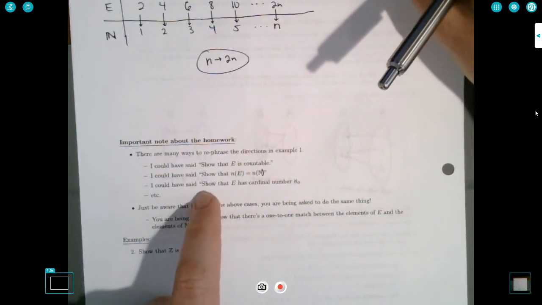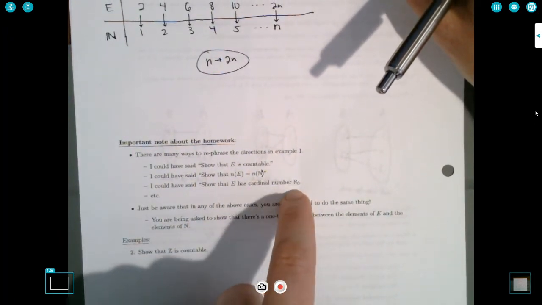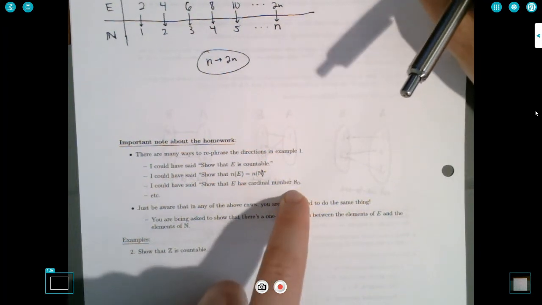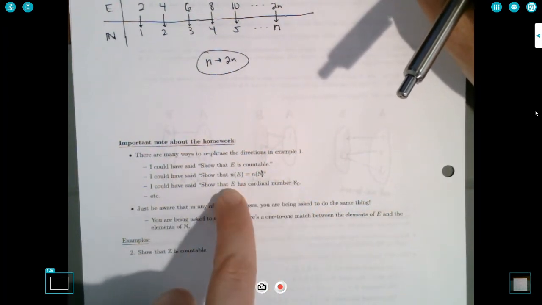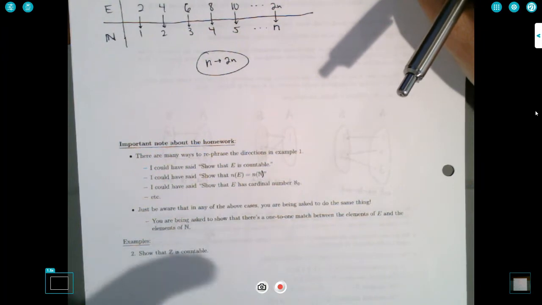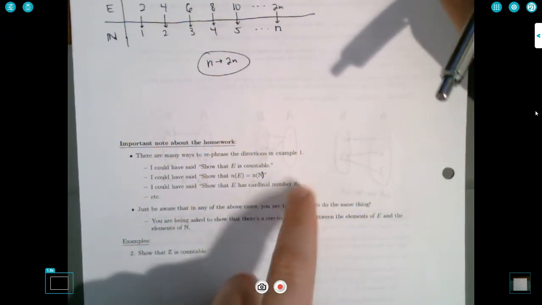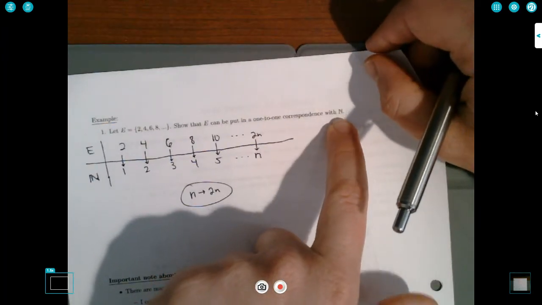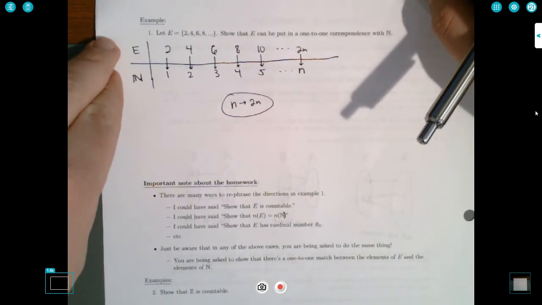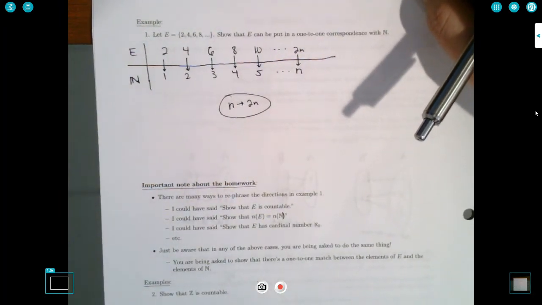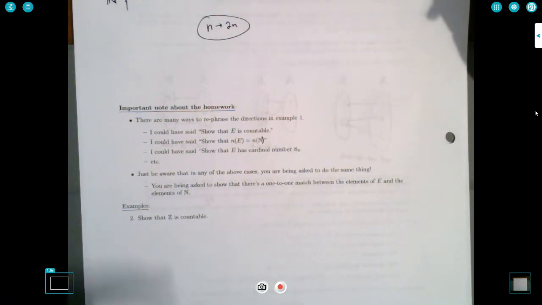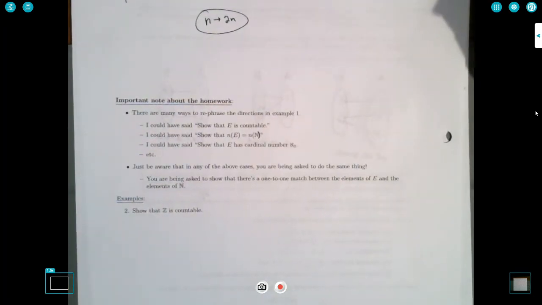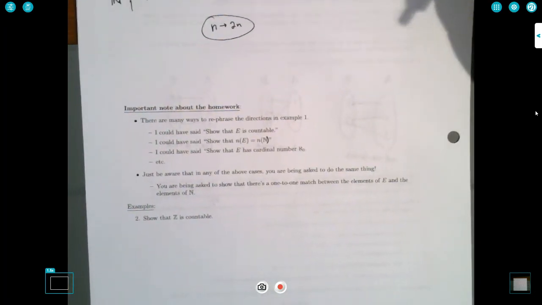Or I could have said show that E has cardinal number aleph null. How do you do that? Well, you put E into a one-to-one correspondence with another set that has cardinality aleph null. And N is such a set, right? So again, you show that you can put the sets into a one-to-one correspondence. So all of these things mean the same thing, and I'm just giving you a heads up because, when you encounter these kinds of instructions in the homework, they're all asking you to do the same thing. Okay.